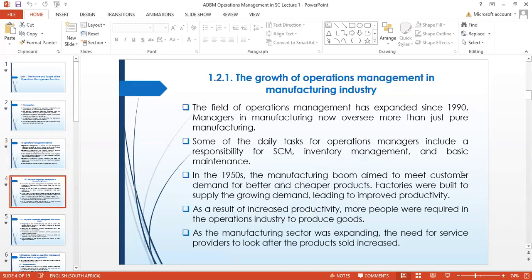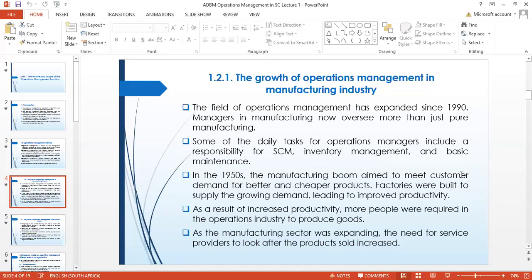Right, the growth of operations management in the manufacturing industry. Remember, we said we have two industries: the manufacturing industry and the service sector. Since the 1990s, we have seen an expansion of the operations management function in organizations in the manufacturing sector.